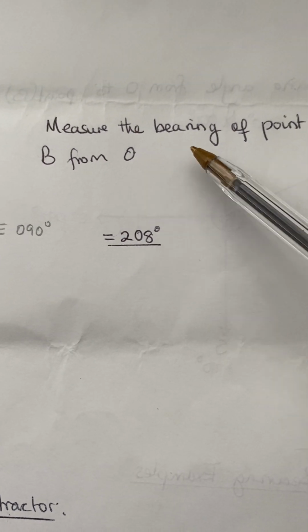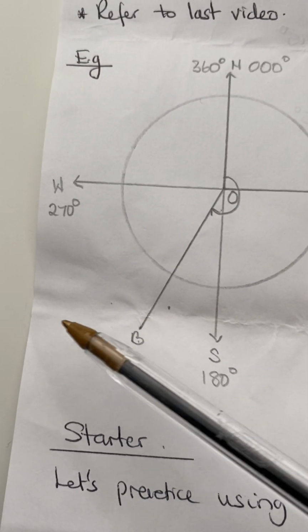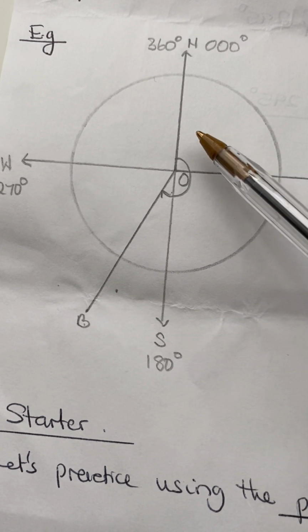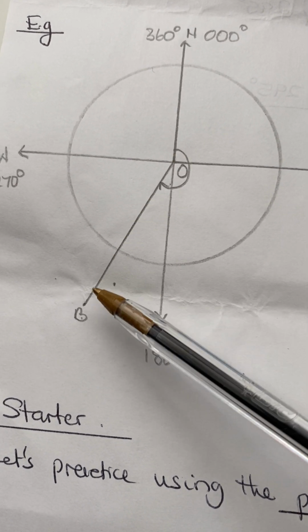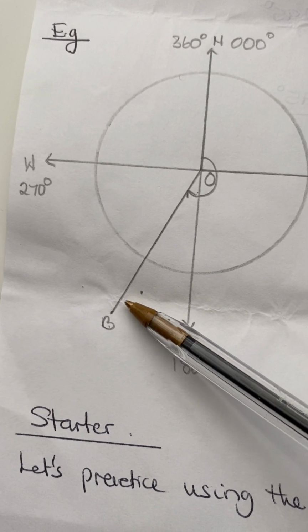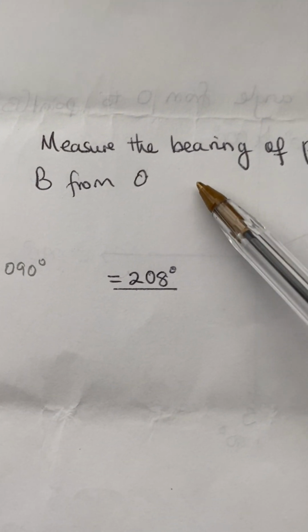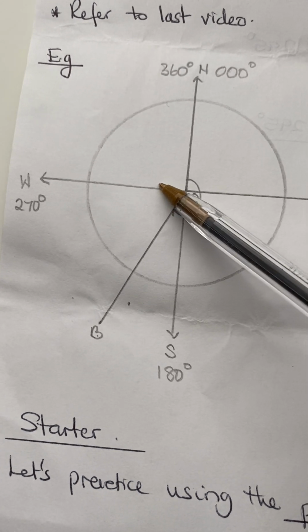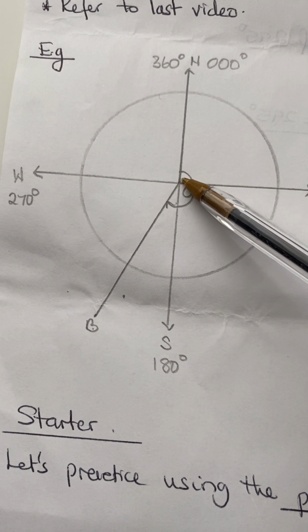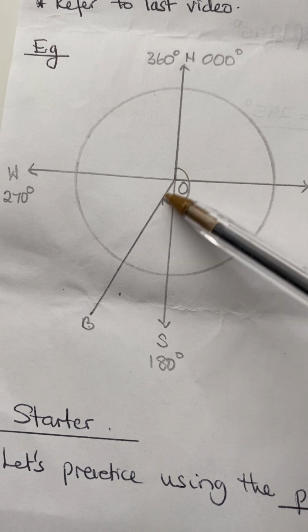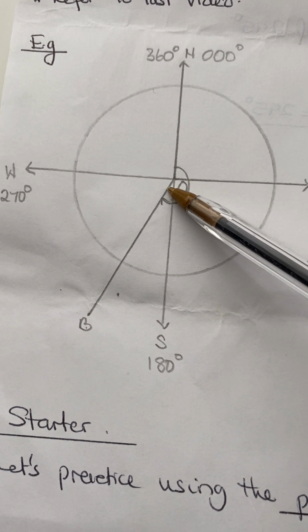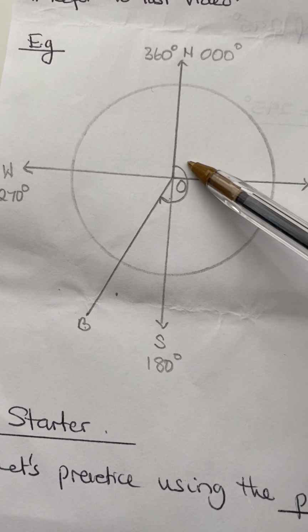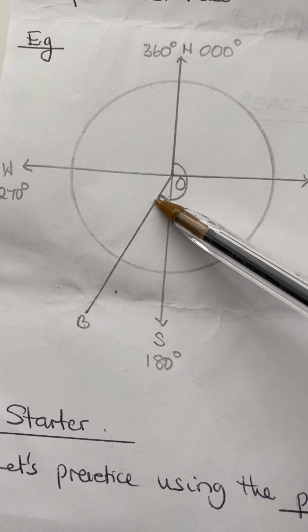Remember, we measure the bearing of point B from O, but it should start from the north, 0, all the way around.